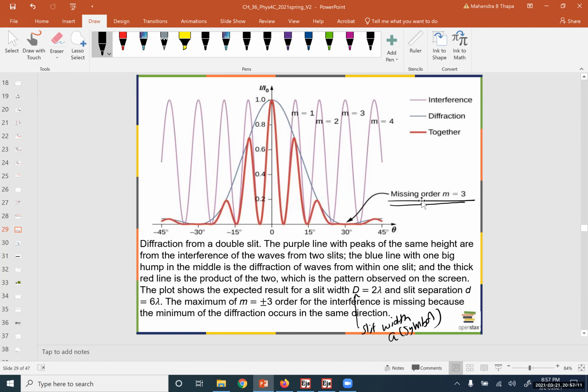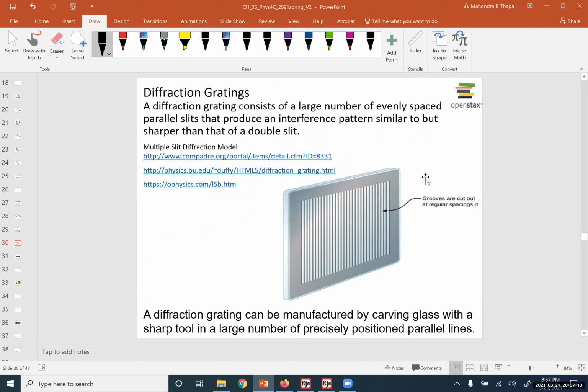Okay, so let's keep moving. Not just two slits, we could have many slits. If we have many slits, then it is called the diffraction grating. A diffraction grating consists of a large number of evenly spaced parallel slits that produce an interference pattern similar to, but much sharper than, the double slit.